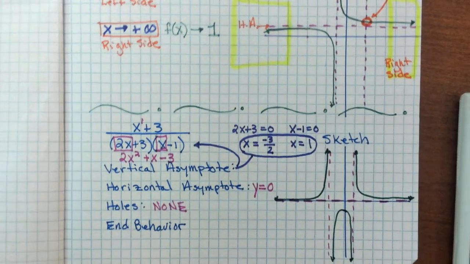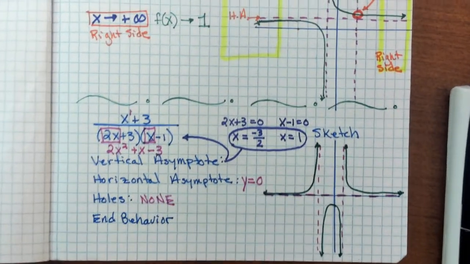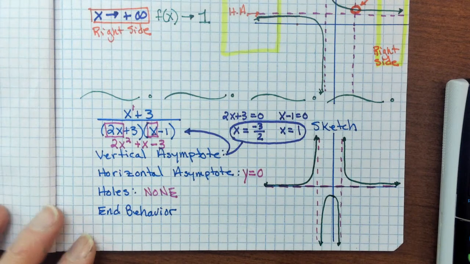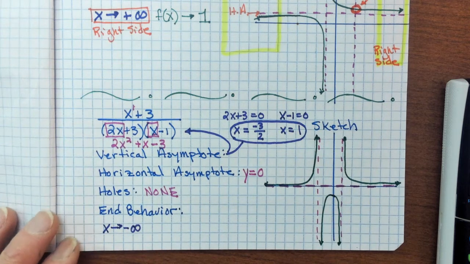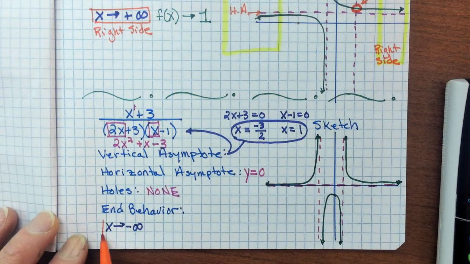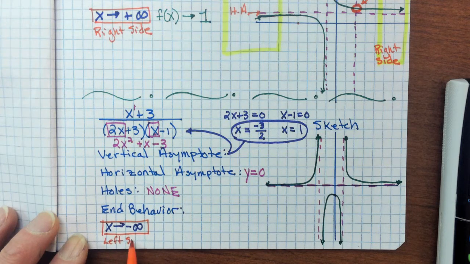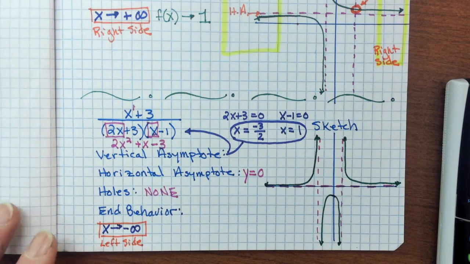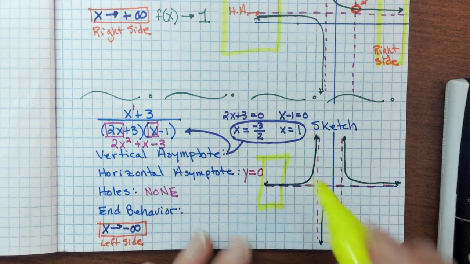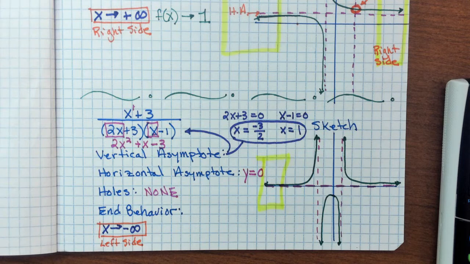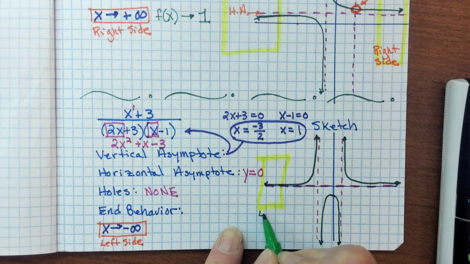So we still haven't talked about end behavior. So end behavior, if I say x is going to negative infinity, remember this is nothing more than the left side. So I'm going to look at my left side. My left side is over here. Okay, so that is my left side.